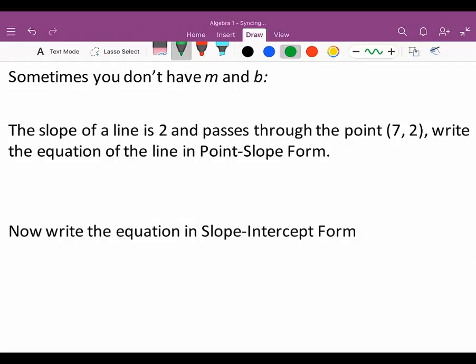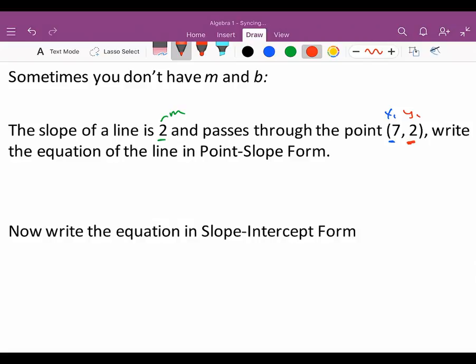I'm going to say that is m, that's your slope. And it passes through the point (7, 2). So 7, let's say that's x1, the x value of that point. And then 2 is your y1, the y value of that point.